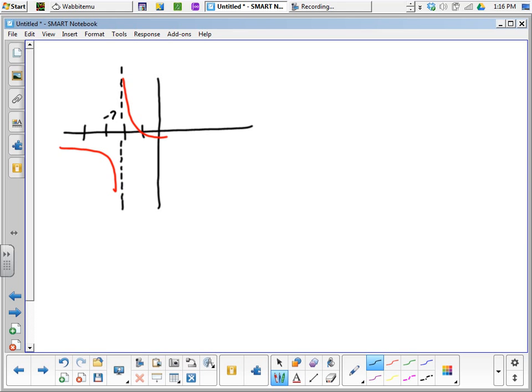So this is x equals -2, where I have the vertical asymptote. So what would have happened if I asked you, what is the limit on the left side of -2? What that means is you're looking at this arrowhead down here, and you're asking what is it doing? I'm on the left side of -2.